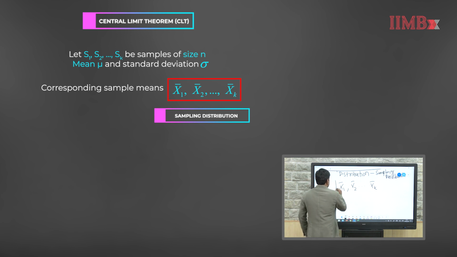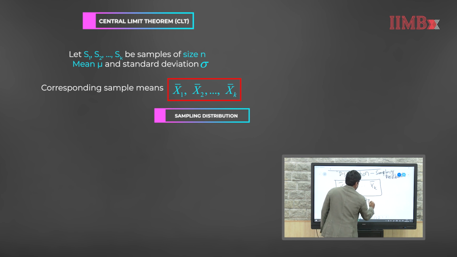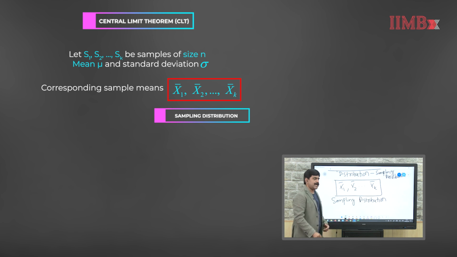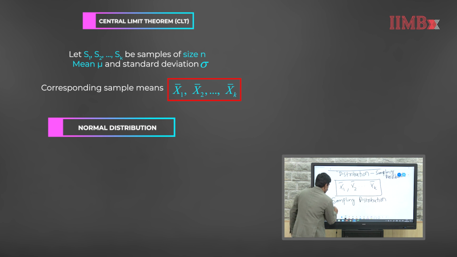So, this is basically a sampling distribution. And central limit theorem says that the sampling distribution in this case will follow a normal distribution.